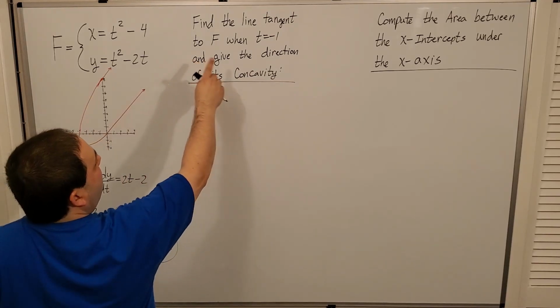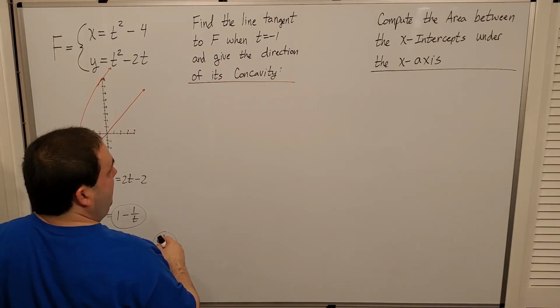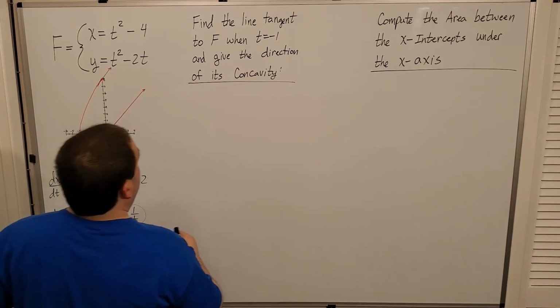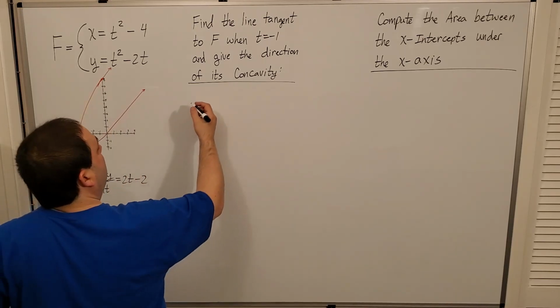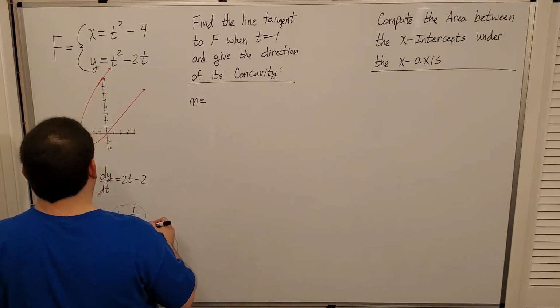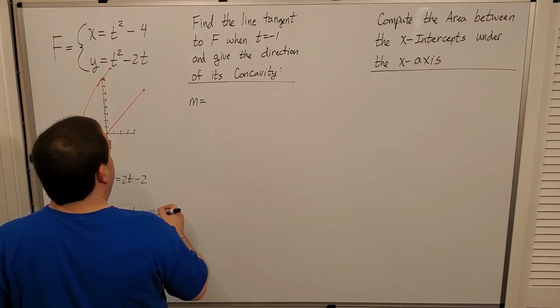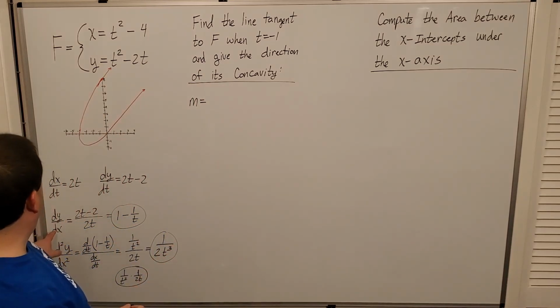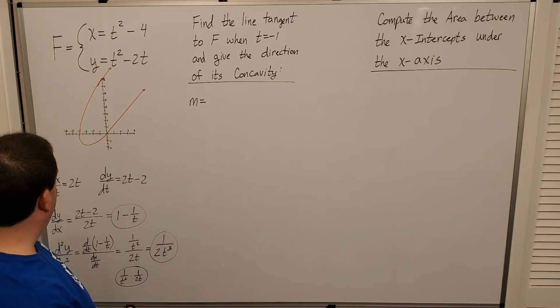So finding the line that's tangent to f when t equals -1 then just requires a slope, right? So my slope m is going to be the value of the derivative, but at t equals -1.